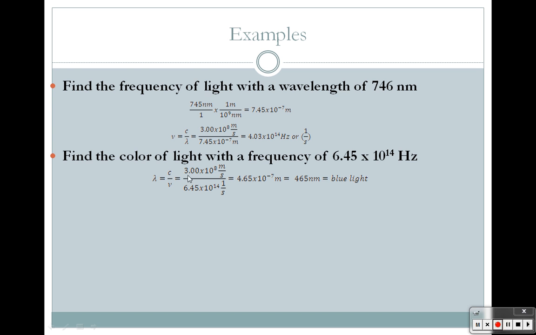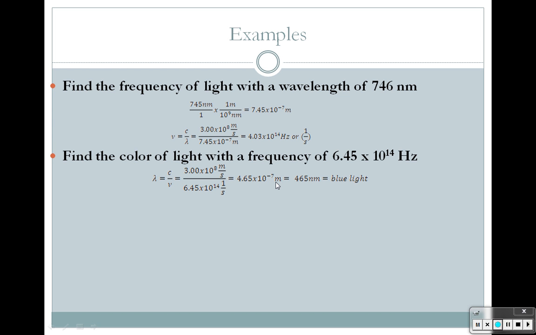And so here we get the speed of light divided by 6.45 times 10 to the 14th, 1 over seconds. I changed hertz to 1 over seconds so you can see where the meters come from, because then our seconds will cancel out. And this gives us 4.65 times 10 to the negative 7th meters.